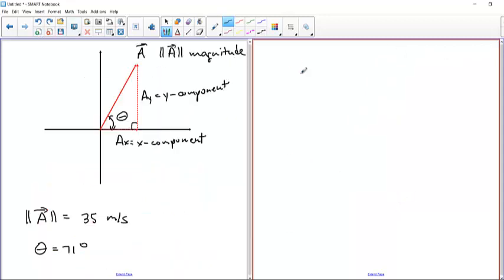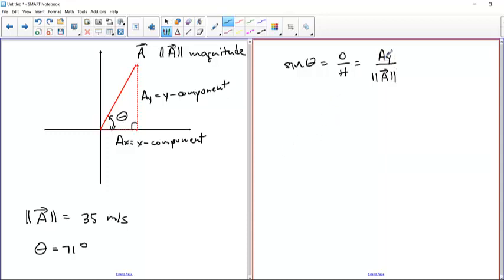So let's go over here. What do we know? We know that the sine of theta, the angle, is equal to the opposite over the hypotenuse. And in terms of lengths, the length of the hypotenuse is the magnitude of vector A, and the opposite side is the y component of the vector.